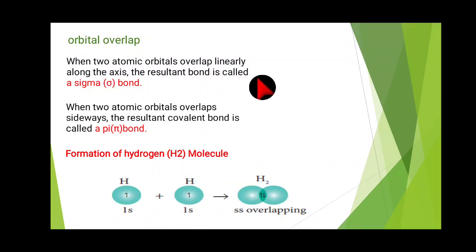When two atomic orbitals overlap linearly along the axis, the resultant bond is called a sigma bond. So two hydrogens making a bond means the bond is a sigma bond. When two atomic orbitals overlap sideways, the resultant bond is called a pi bond. Here we get only a sigma bond. It is not a pi bond. So a pi bond example we will see, right?